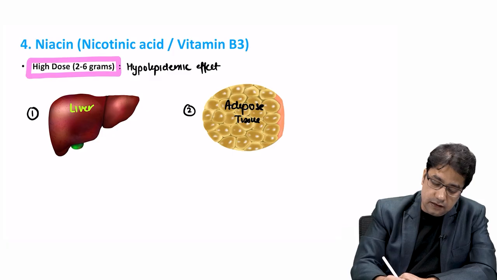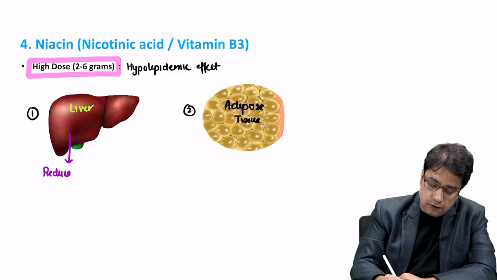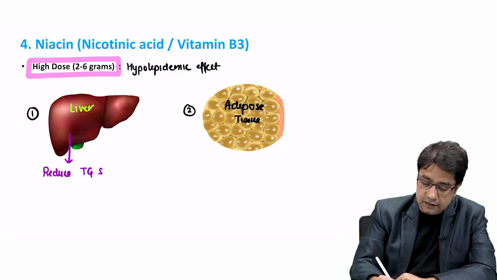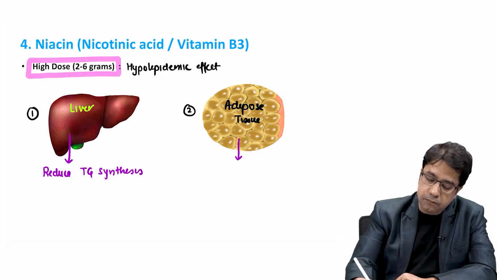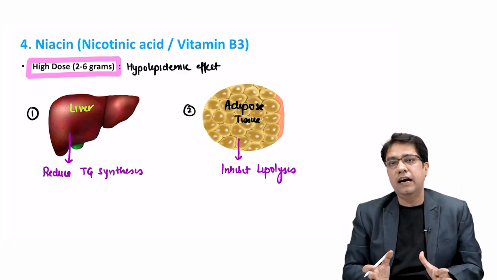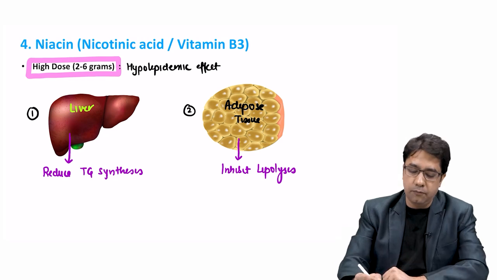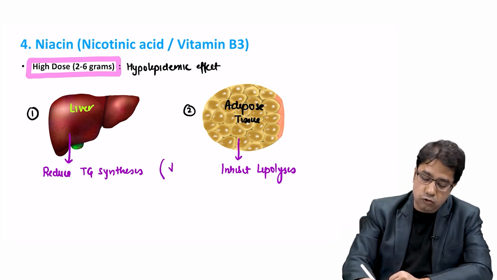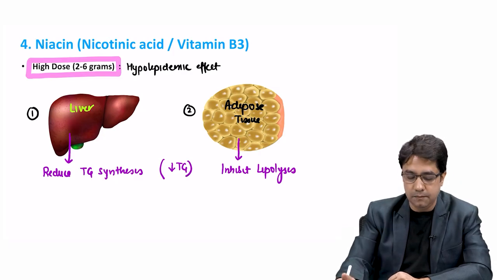On liver, niacin directly reduces triglyceride synthesis, and on adipose tissue it inhibits breakdown of fat, that is lipolysis. Because if there is breakdown of fat, it will lead to triglyceride production. So these are the two reasons why niacin reduces triglyceride production.